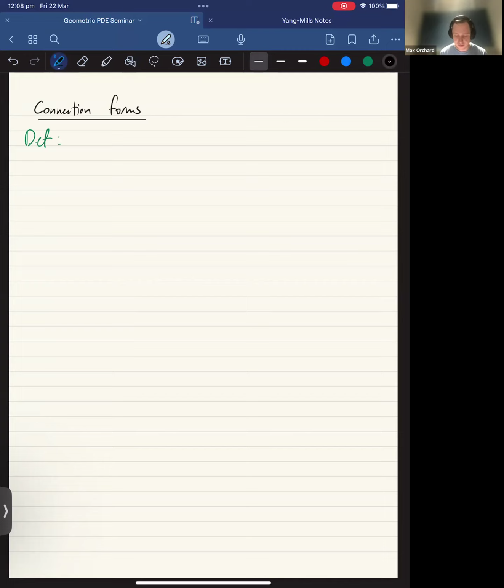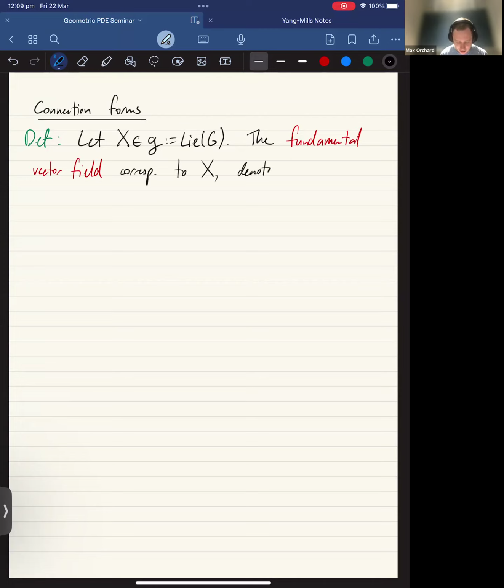Okay, so first off, I'm going to introduce the notion of a fundamental vector field corresponding to an element of a Lie algebra. Suppose we have some element X of the Lie algebra of the structure group. The fundamental vector field corresponding to X. And I've seen a whole bunch of different notations for the fundamental vector field.